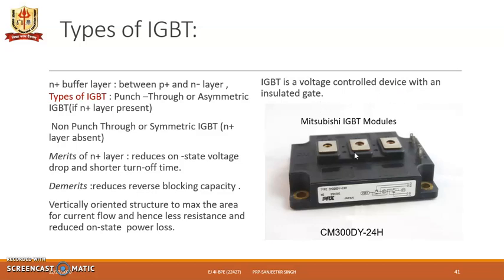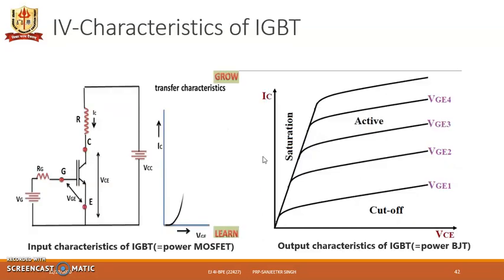Here we find Mitsubishi IGBT modules. Here we see the three metallic structures, which are nothing but two IGBTs interconnected, with terminals and gating terminals provided here. In each we find two IGBTs. This is one of the packagings.